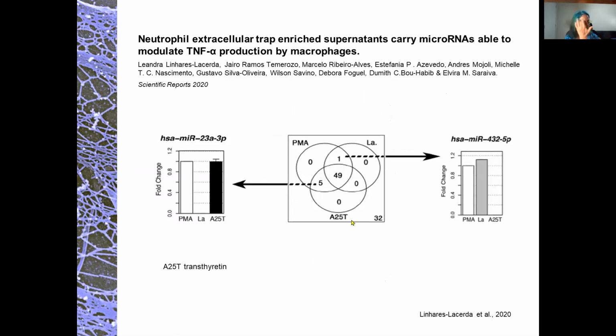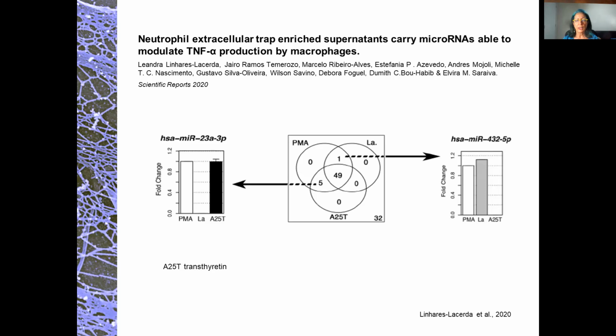So the other study that we did: normally people that work with NETs want to know exactly what is associated with this structure. They look at proteins. So we decided to look if the NETs could carry microRNA, and not just carry, but also transfer microRNA to other cells.